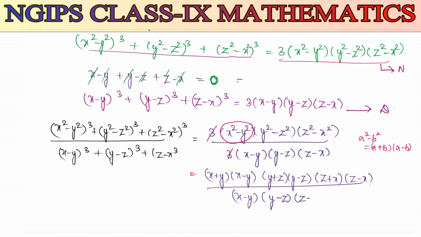Now in the numerator and denominator, x − y cancels, y − z cancels, and z − x cancels. The leftover is (x + y)(y + z)(z + x). So this is the answer.